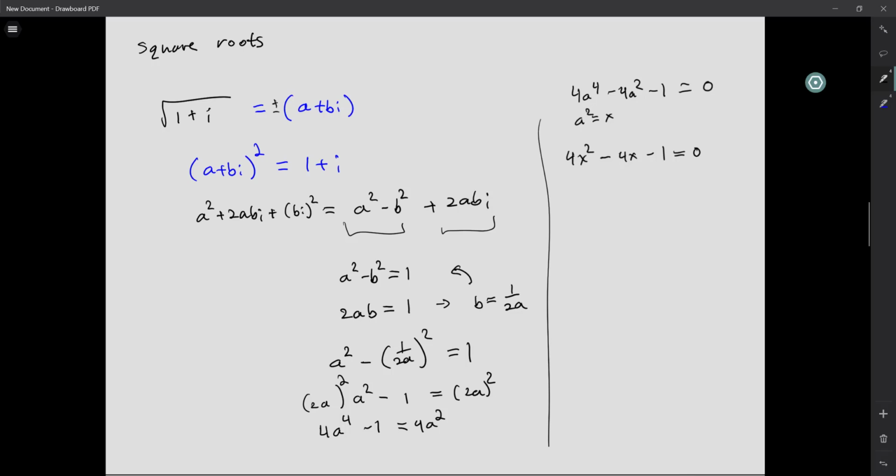And when I do the quadratic formula, I'll have x equals 4 plus or minus the square root of b squared.